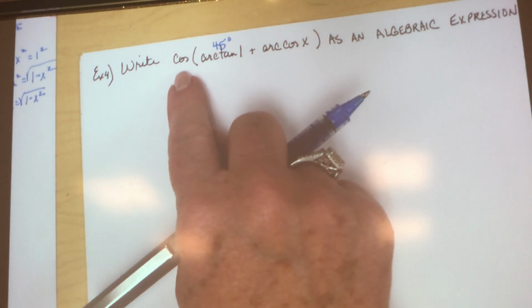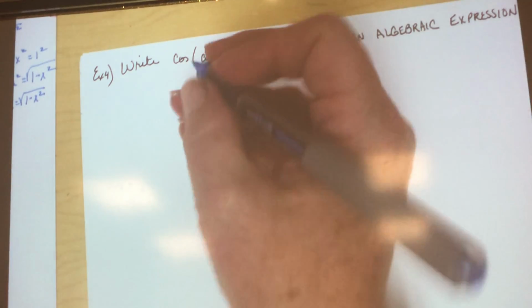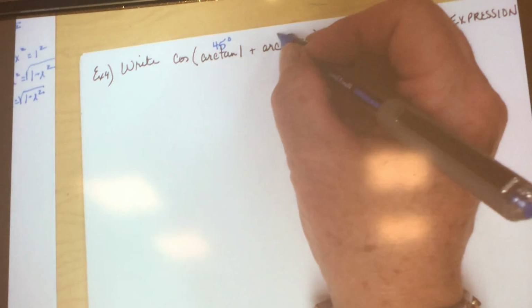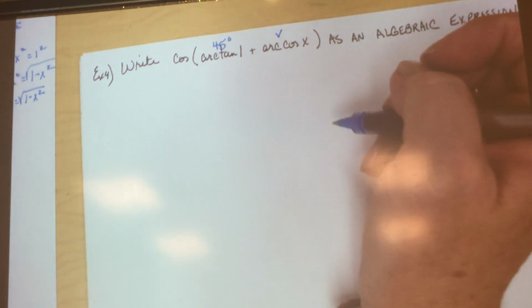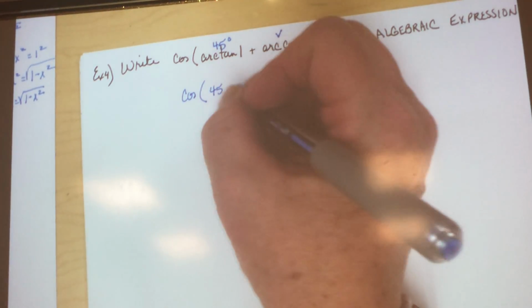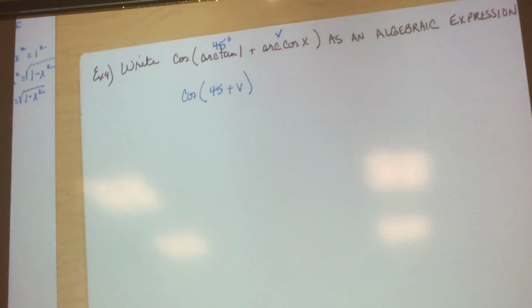But if we, do you agree that this is cosine of 45, never mind, I know this. Okay, so let's say that this is v. Does this look like the cosine of 45 plus v? Do you have a formula on your formula card for that? Yes.